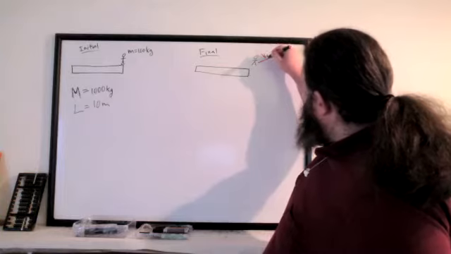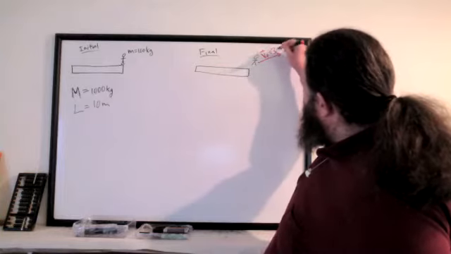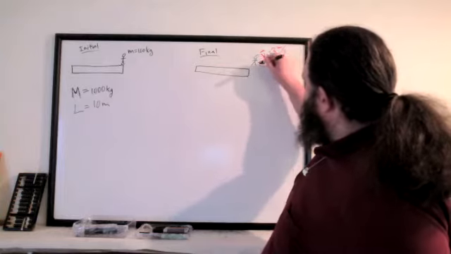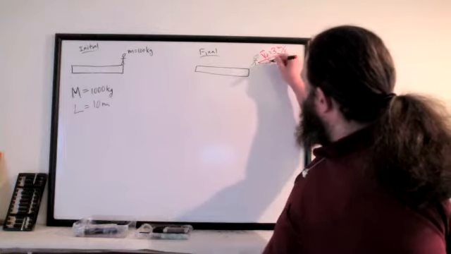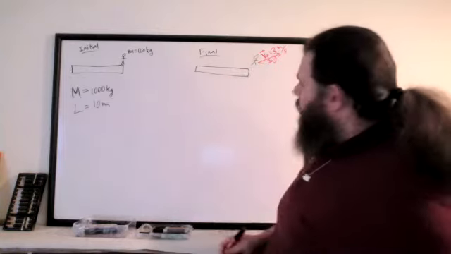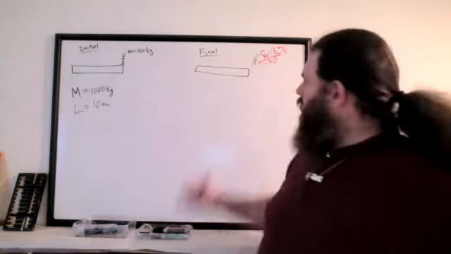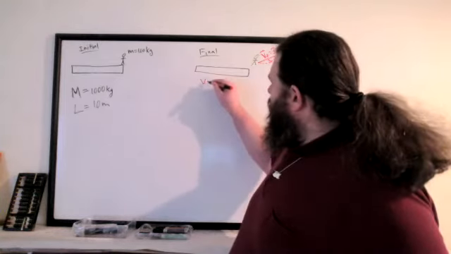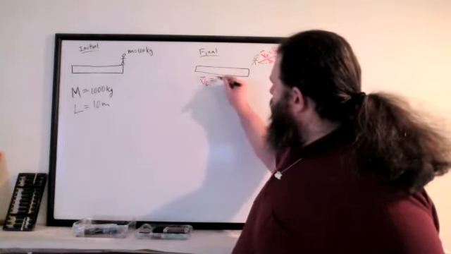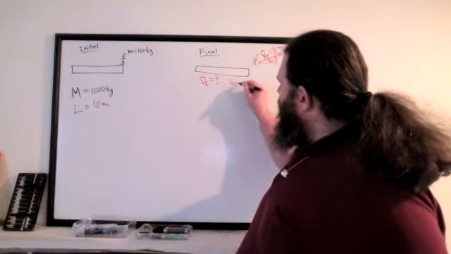So V final for the astronaut is 3 meters per second in a direction 30 degrees above horizontal. And we want to know what's V final for the beam, and also what's omega final for the beam?